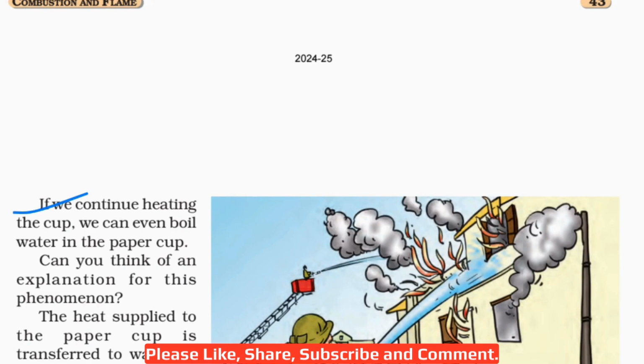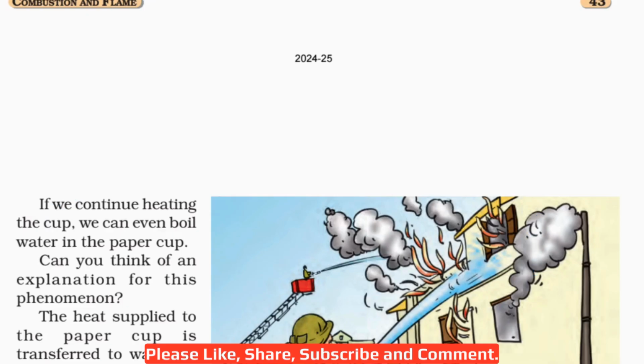It will not catch fire because all the heat will be transferred to the water inside it and the paper will remain unburnt, right? With the low heat, the paper will not burn. It will get heated, and if you increase the heat, the water inside will start boiling, but the paper will not catch fire. Okay.